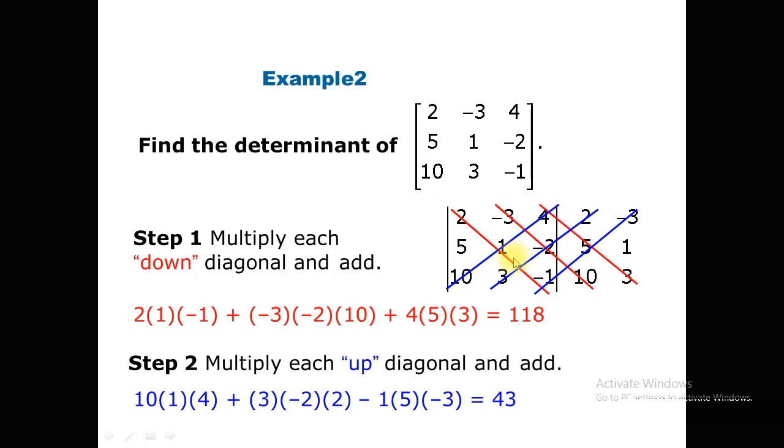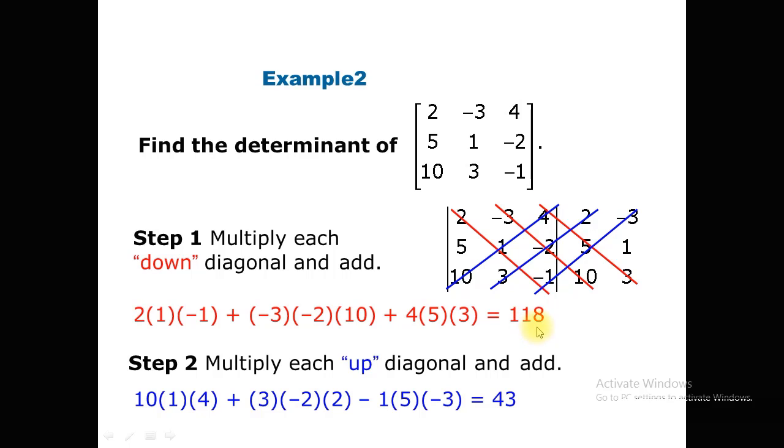This is the first down diagonal, second down diagonal, and third down diagonal. So multiply these down diagonal entries, 2 1 minus 1, another minus 3 minus 2 minus 10, and 4 5 and 3. Multiply these results and then add, we get 118.